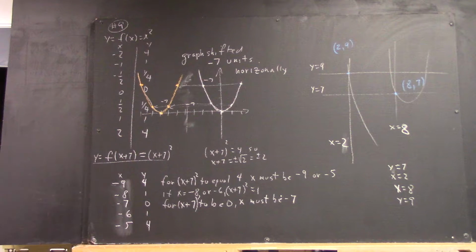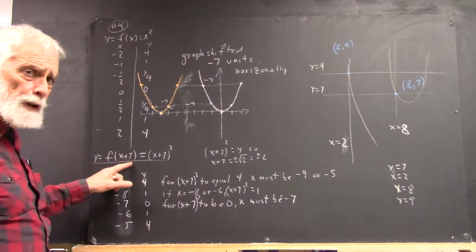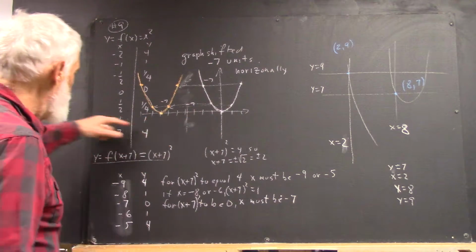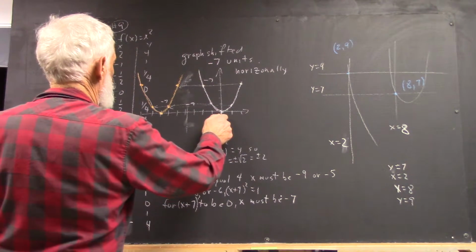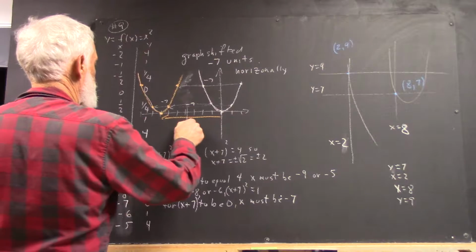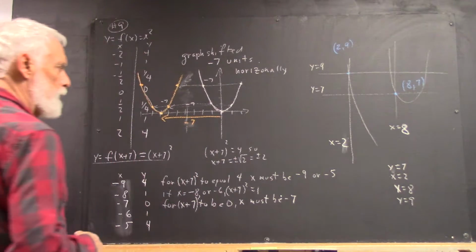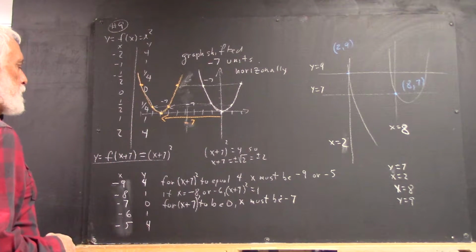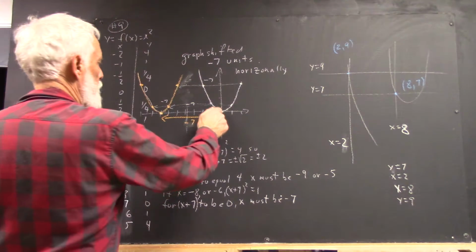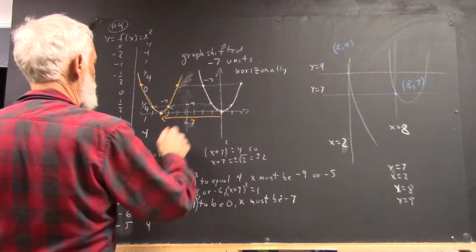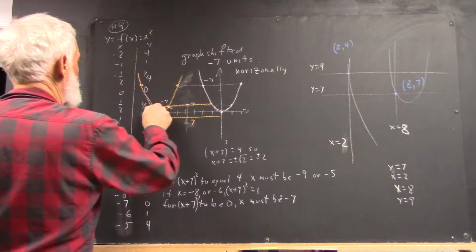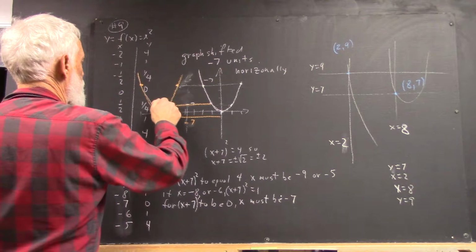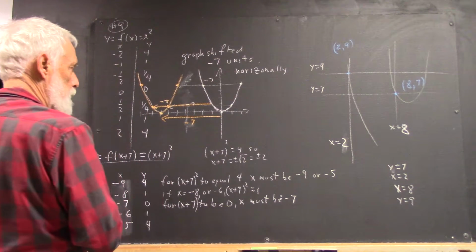What happened is that by replacing x by x plus 7, it appears that we shifted the vertex over 7 units. We had the point -1, 1, and it looks like that point shifted -7 units in the horizontal direction.